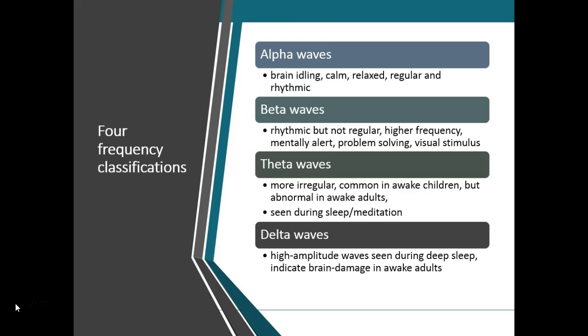Theta waves normally occur in children and adults experiencing emotional distress. And then the delta waves are present during deep sleep in adults, but they're normal in awake infants. When you see them produced in an awake adult, they may indicate brain damage.